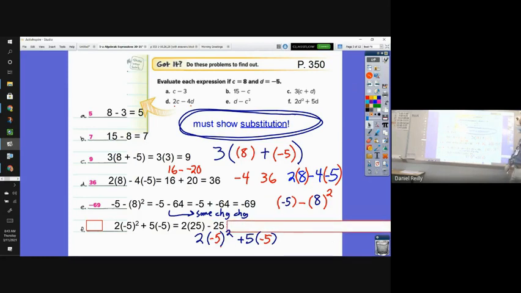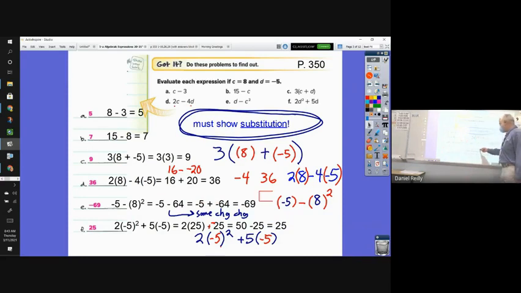So 5 times -5, that should be plus negative here, right? Is plus -25. So 50 plus -25 is 25. Okay, that one is tough. That's the hardest one, obviously.